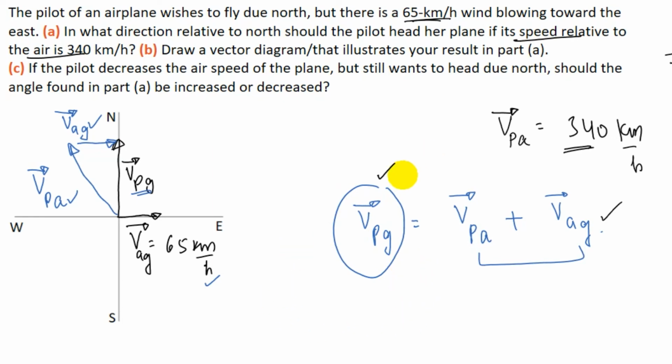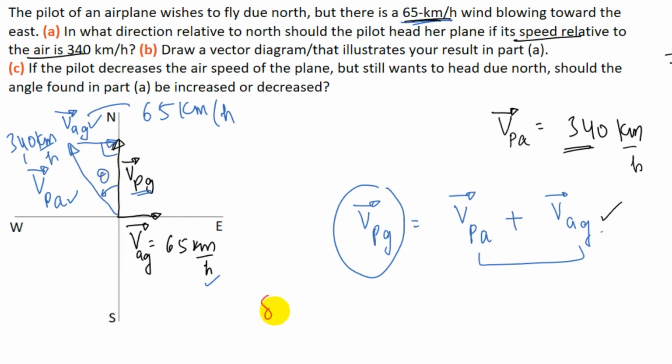Now it's pretty simple. We need to calculate this angle theta. The magnitude of this is 65 kilometers per hour, and for this we have 340 kilometers per hour, and this angle is 90 degrees. So you can use trigonometric formulas to find this angle theta.